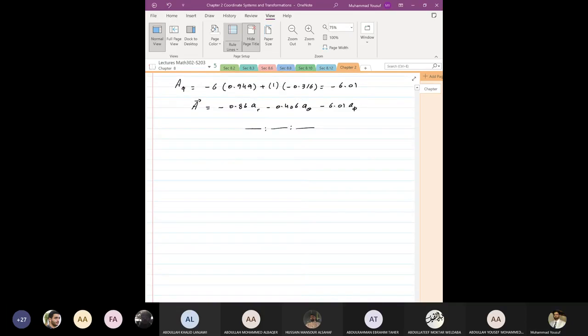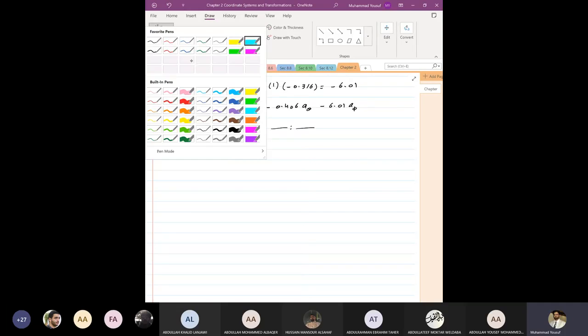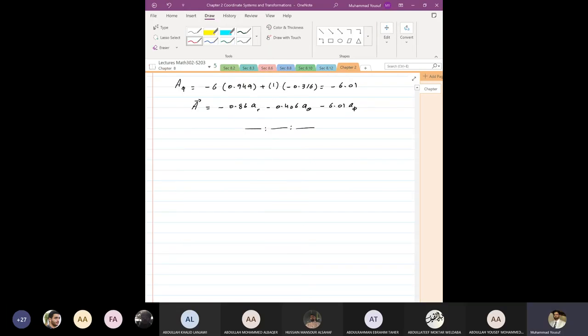Okay. Then the next thing here is section 2.5, constant coordinate surfaces.